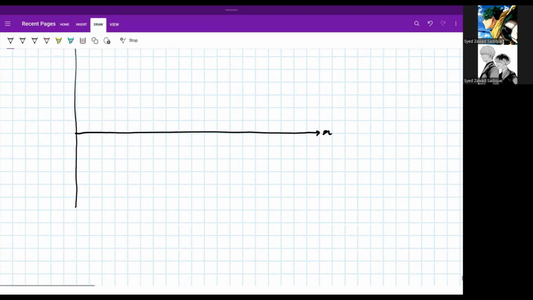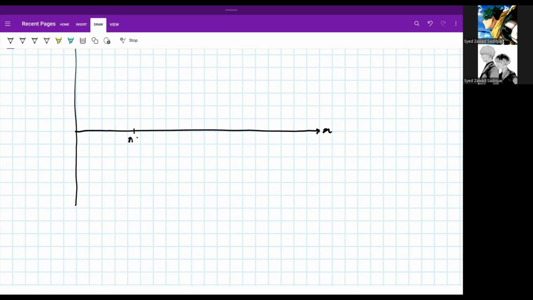Now we'll have pi by 2, pi, 3 pi by 2, 2 pi.